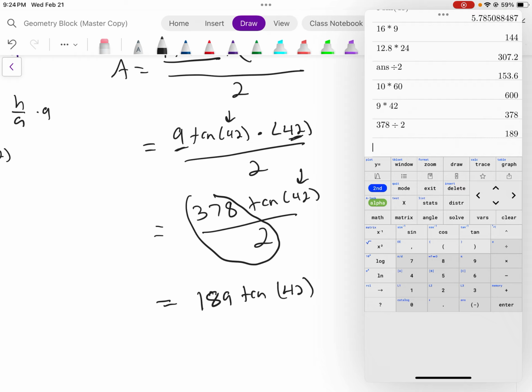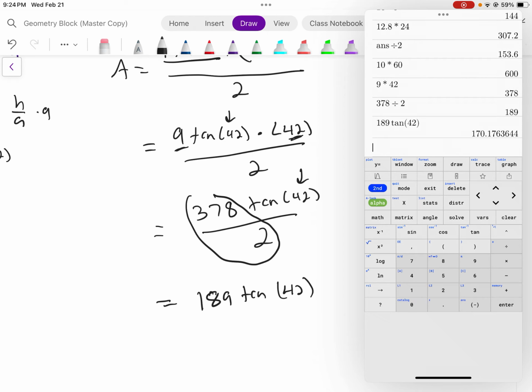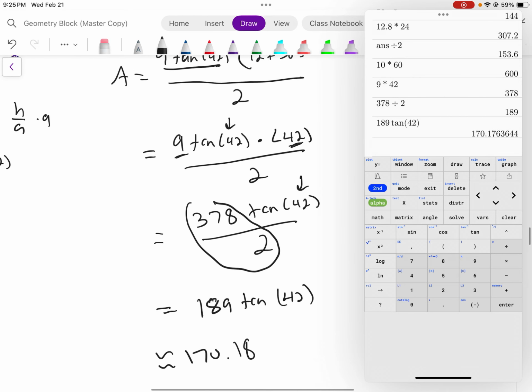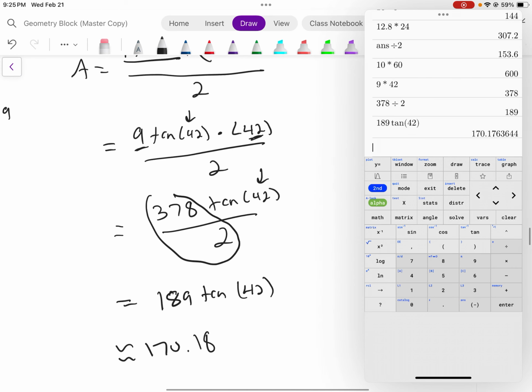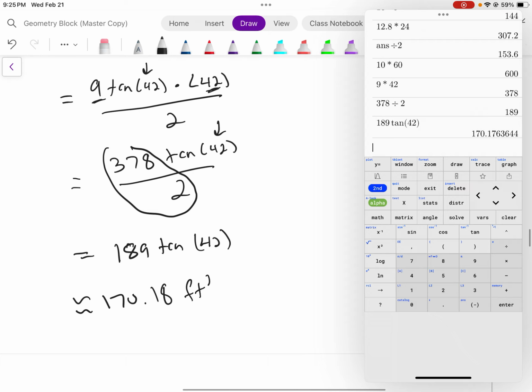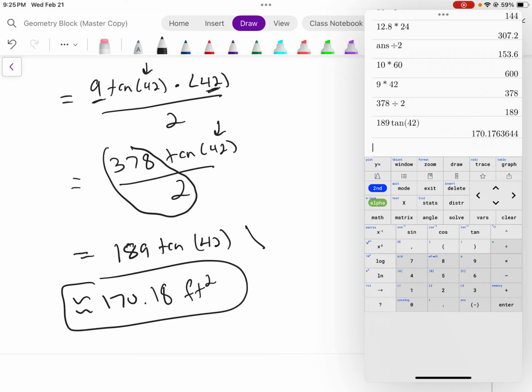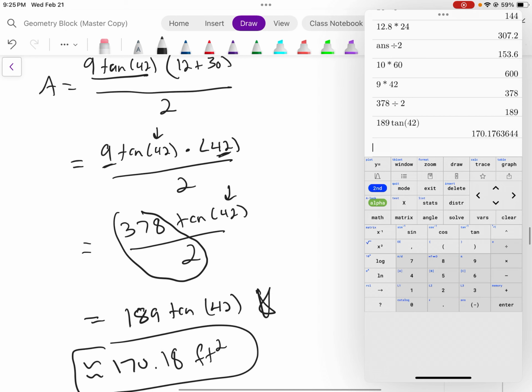Okay, so I can type that in, and I'll get approximately 170.18. And we are in terms of feet, so square feet for area. Again, it's not necessary to get to this point.